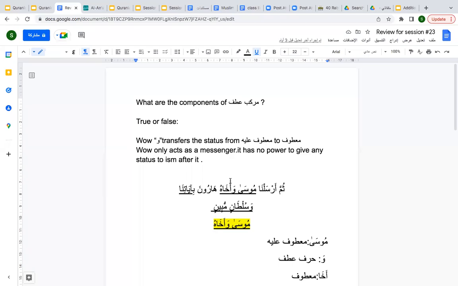So in addition to fatha, which is denoting your nasb status, you have an additional alif, you have a corresponding letter. Like akhu, in addition to dhamma, you have an additional waw. In case of akhi, in addition to kasra, in a jar status, you have a corresponding letter ya with it. Everyone with me?